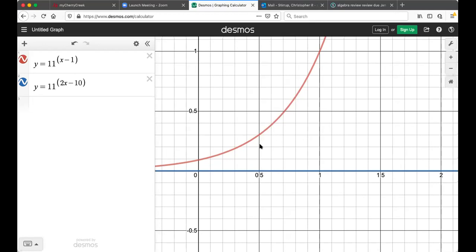Nope, I'm off. Subtract x. Let's see. 11 raised to the x minus 1, and 11 raised to the 2x minus 10. Both have base 11. Oh, I'm trying too hard on this one.